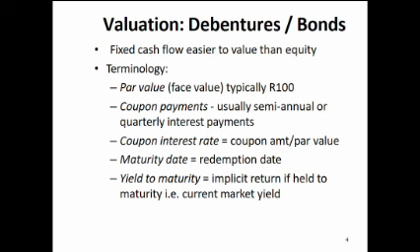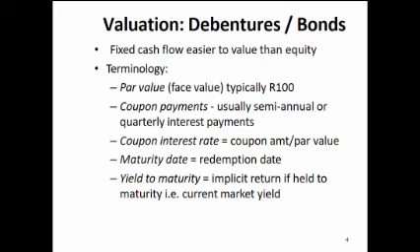So the first items we are going to value are debentures and bonds. When we value debentures and bonds, we need to understand that the cash flows resulting from debentures and bonds are fixed cash flows, so they are often easier to value than equity.